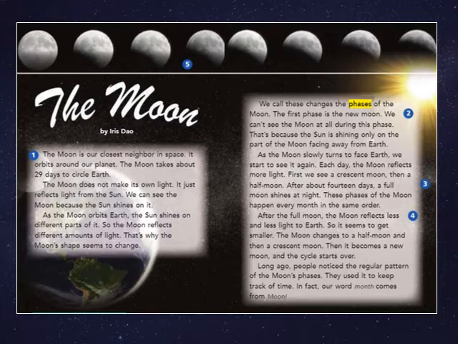Take a look at the pictures at the top of the page. What do those pictures show? Those pictures show how each phase of the moon looks to us on Earth. The moon isn't disappearing or reappearing. We are only seeing what the sun reflects.